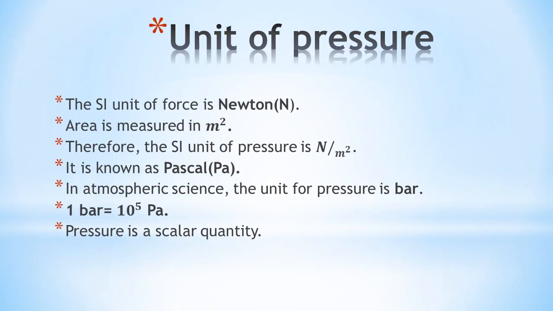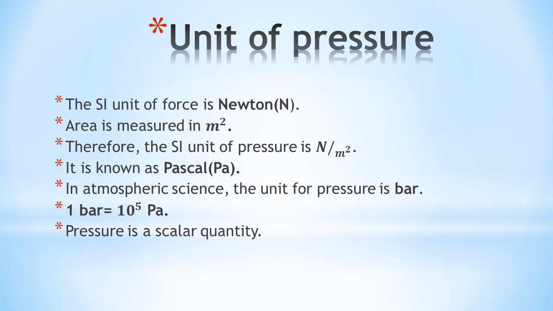Now let's see the unit of pressure. The SI unit of force is Newton and it is denoted by capital N, and area is measured in m square. Therefore, the SI unit of pressure is Newton per meter square, and it is also known as Pascal.